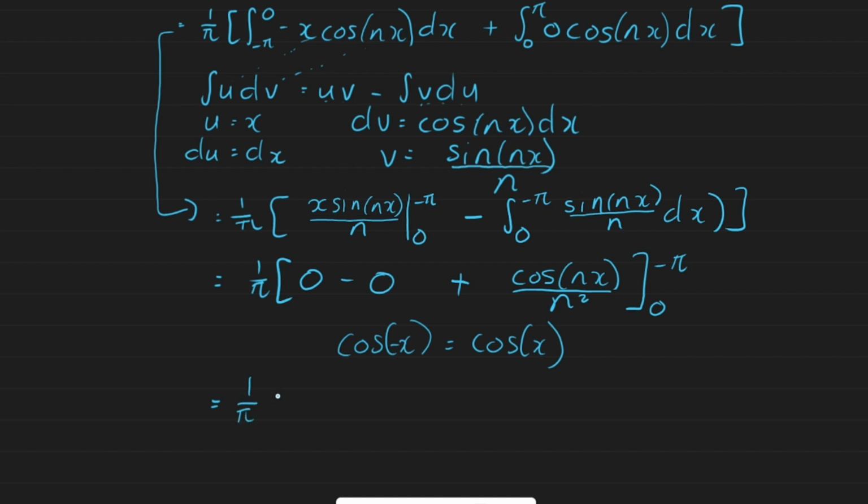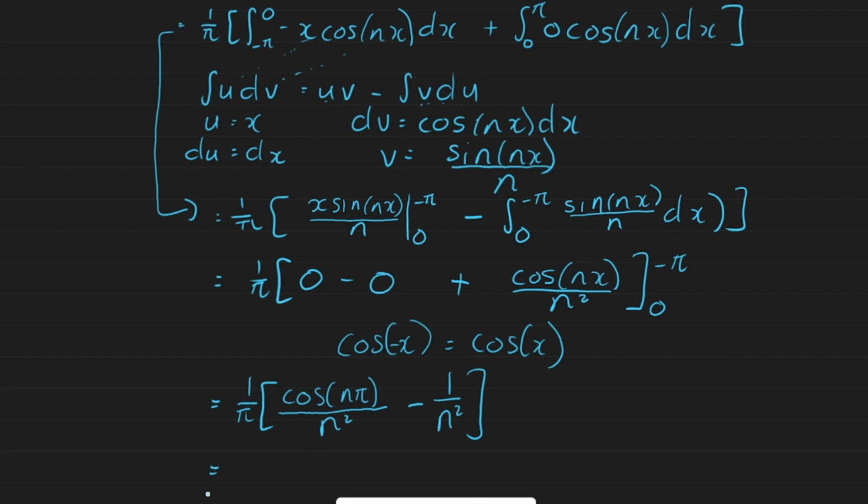So we have 1 over pi into cos n pi divided by n squared, and then minus 1 over n squared, because the cos of 0 is 1.